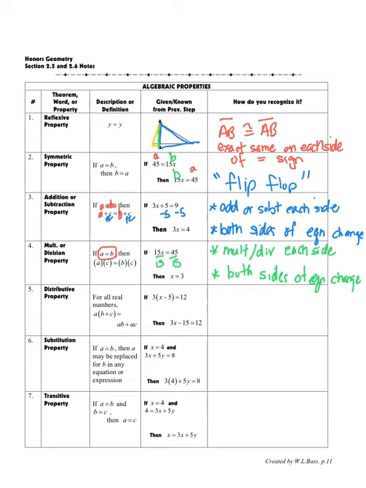Our next property is the distributive property, and it tells us that if we have a number or variable on the outside of the parenthesis, we can distribute or multiply that number or variable times the contents of the parenthesis. And so we're looking at being able to distribute that 3 times the quantity x minus 5 to become 3x minus 15.